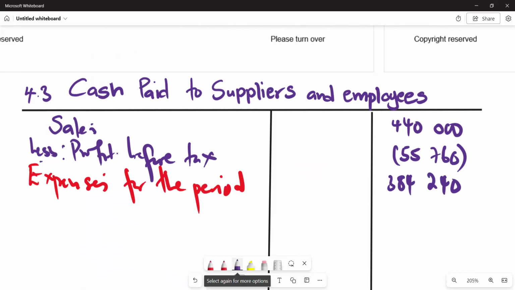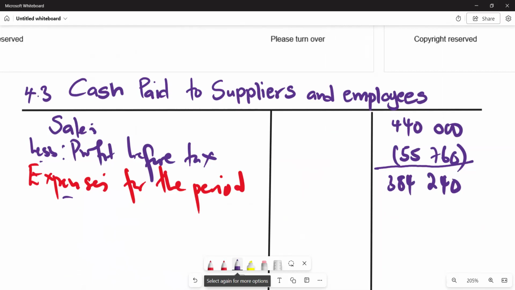So when we are getting this 384,240, maybe here we can just underline to show that we have found this figure by subtracting there. So this figure is an expense. Remember, this is a statement of cash flow. We are indicating movements of cash in and out of the business. So whenever there are expenses, cash is moving out of the business. So at this point, we are going to convert the sign that we have here by putting a negative figure because these are expenses.